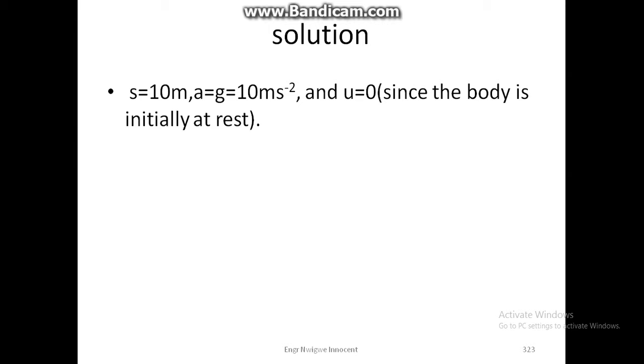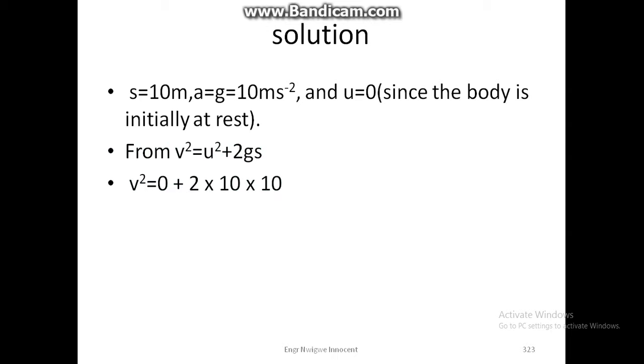Since the body is initially at rest, from the third equation of motion, we have that v squared is equal to u squared plus 2gs. V squared, which is the final velocity, is equal to the initial velocity, which is 0, plus 2 times 10, which is the acceleration due to gravity, times 10, which is the distance.